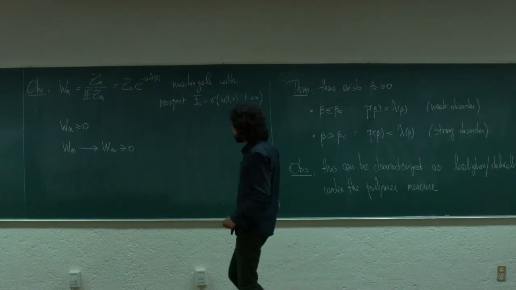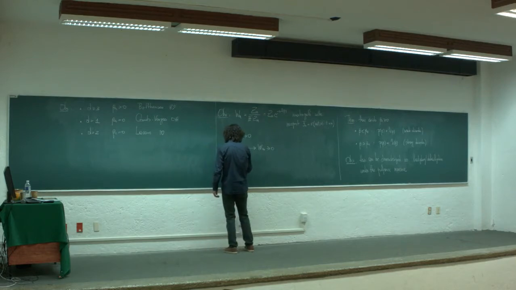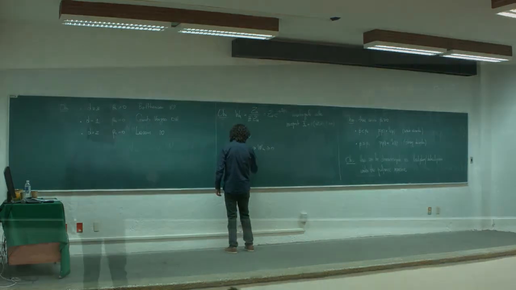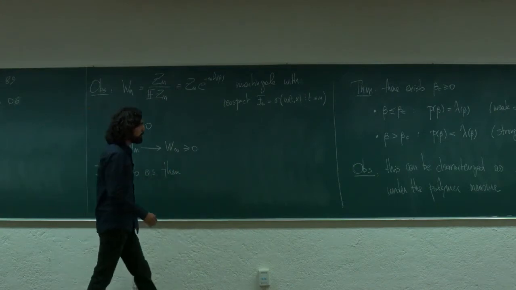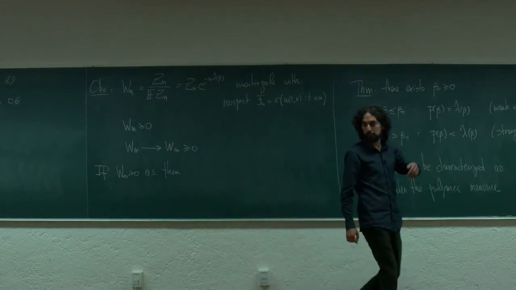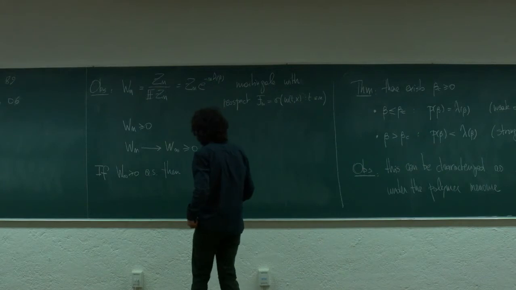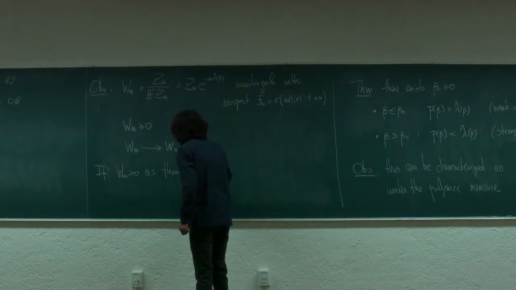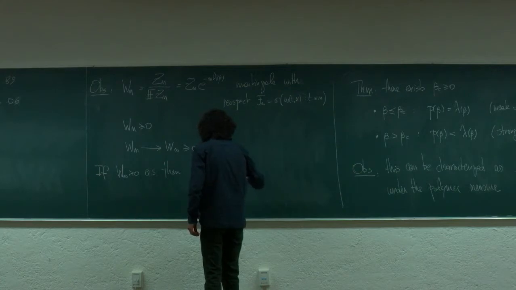And you can see the following. If for some reason you know that W infinity is positive almost surely, then you can say something about in which region you are. It's just a very simple computation. So remember that, let's look at the limit when n tends to infinity of 1 over n log W_n.